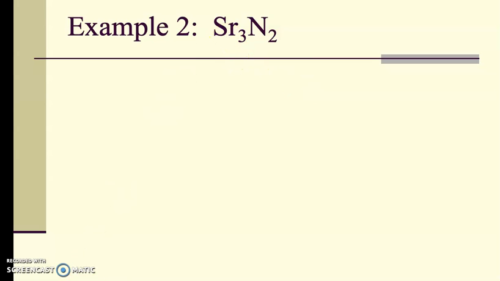Sr3N2. What group is strontium in? And what group is nitrogen in? Take a look on the periodic table. Strontium's in group 2A, nitrogen in group 5A. So we just name it as we see it. These are two representative elements.